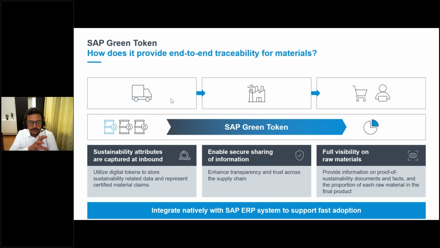And the information that was captured at the inbound stage is fully available throughout all of these steps, so that we can trace each and every token to its source. And this is how we can get this end-to-end traceability for the raw materials.